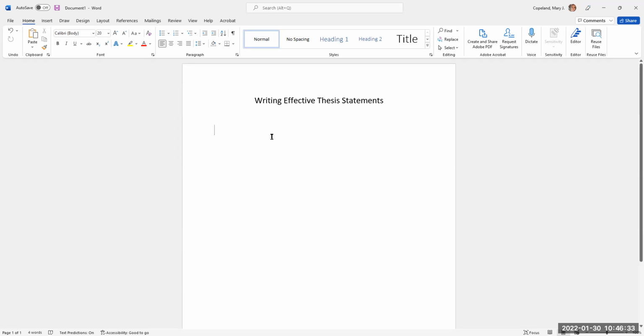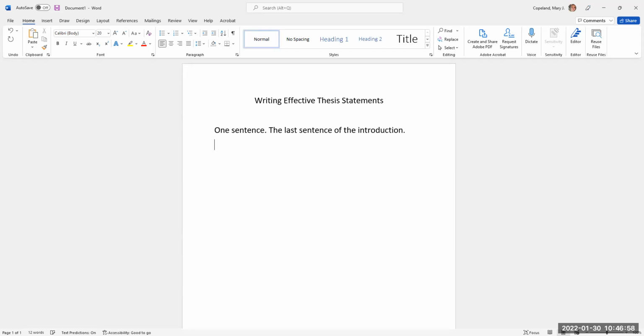One, for this class, it's going to be 1 sentence and 1 complete sentence, and it will be the last sentence of the introduction. So you'll have your introduction, you'll have your attention grabber, and then the very last sentence is going to be the thesis statement of whatever essay you write.